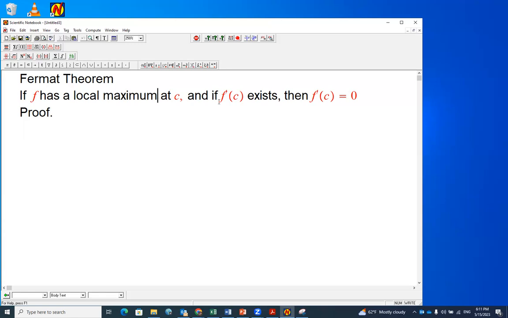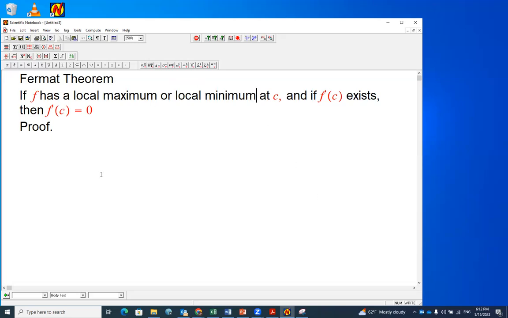Okay, it could be a local minimum. In class, we proved it assuming a local maximum. So now in this lesson, I will assume that f has a local minimum.